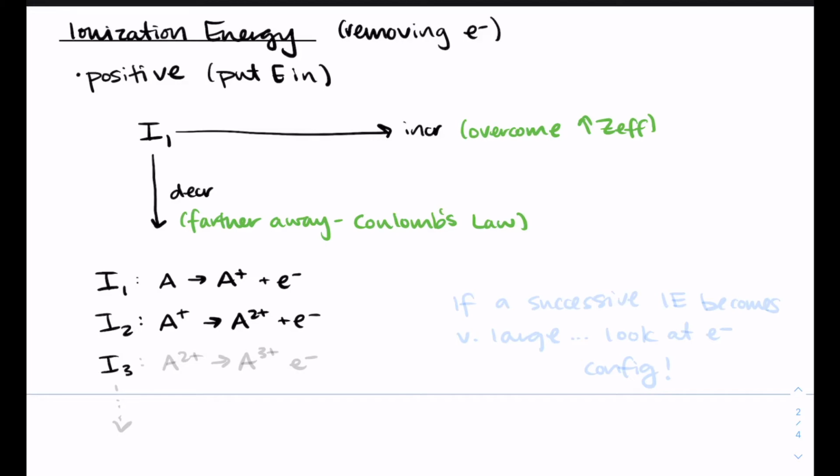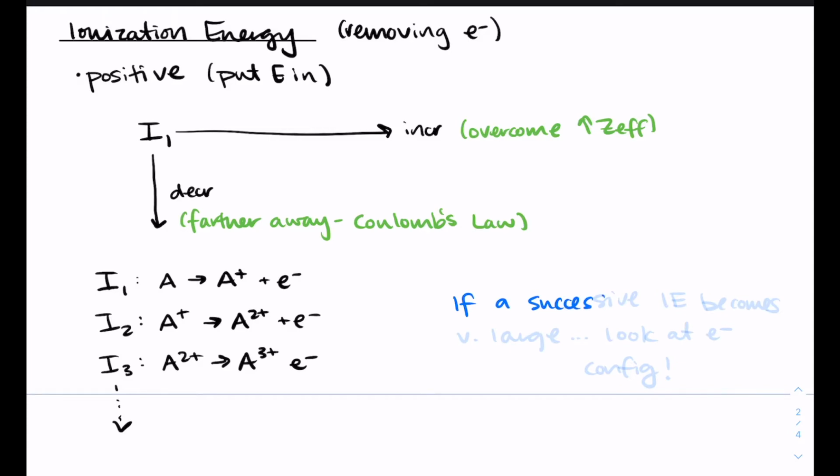To help you place what each ionization energy means, the first ionization energy means that you create the 1 plus. So you go from a neutral atom to a 1 plus cation plus the electron. The second ionization energy is creating the 2 plus.